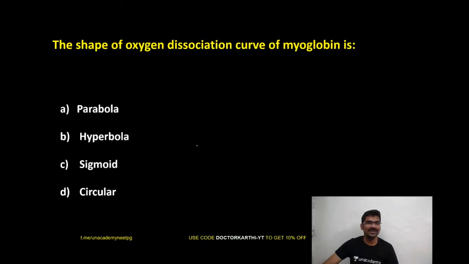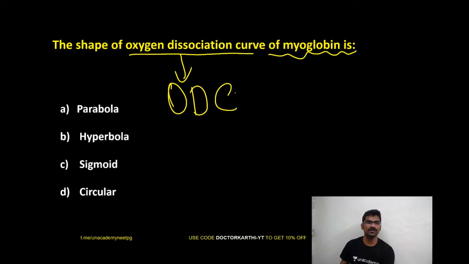Another easy question, the shape of oxygen dissociation curve of myoglobin. Oxygen dissociation curve means ODC. So the question is asking about ODC curve. Tejas, look at it carefully. The question is asking about myoglobin.